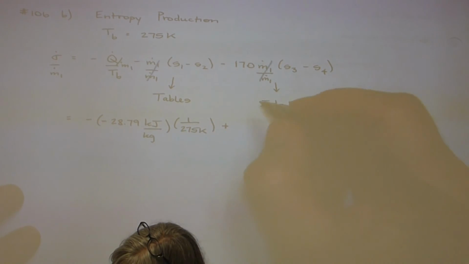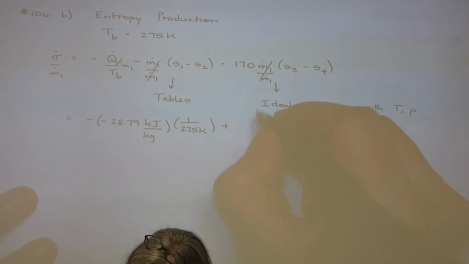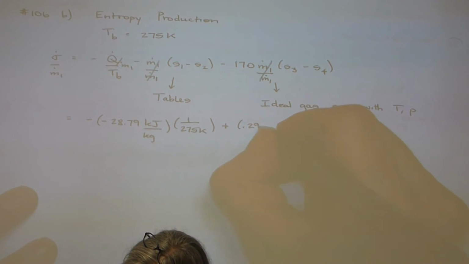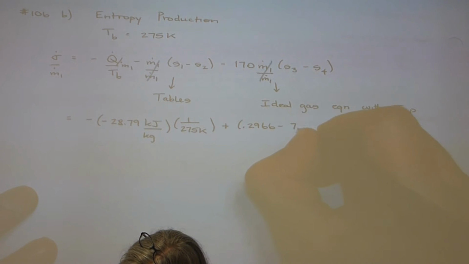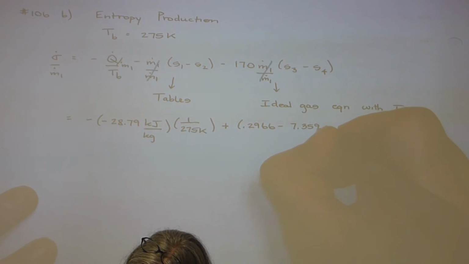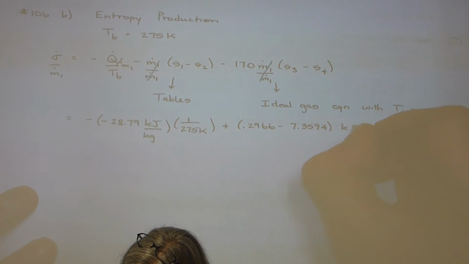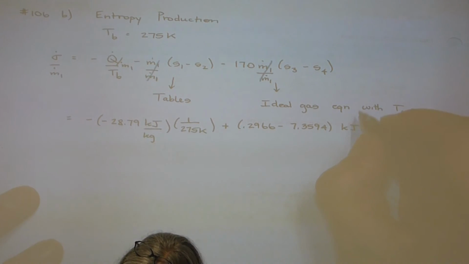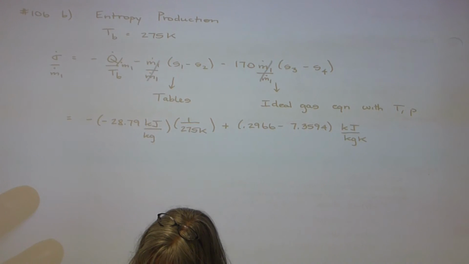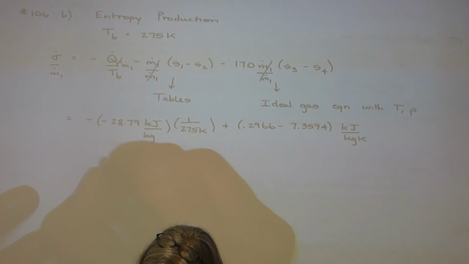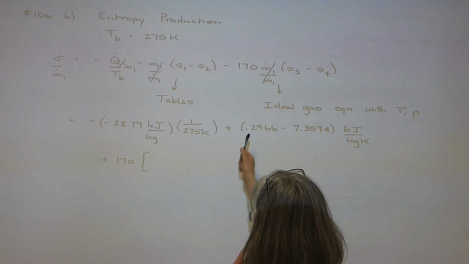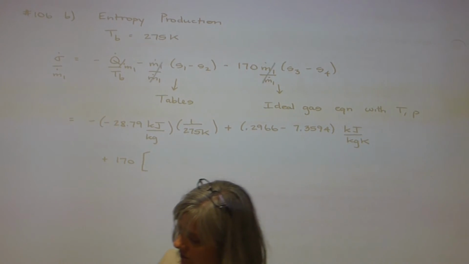So plus S2 minus S1 kilojoule per kilogram Kelvin. And then I'm going to add this plus 170 times, and so now I'm going to use the ideal gas equation like we had before.